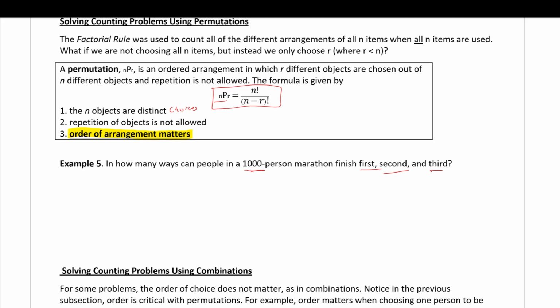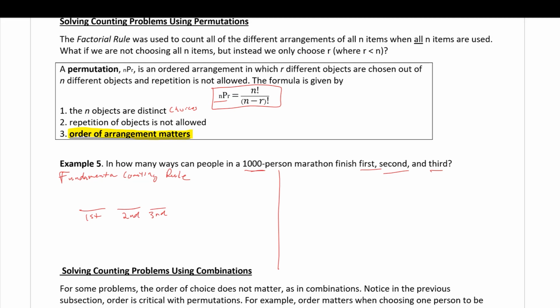Now I kind of want to split this down the middle and show you 2 different methods. And let's start with the fundamental counting rule. Okay. So we have essentially 3 choices. Who's going to be first place, second place, third place. All right.